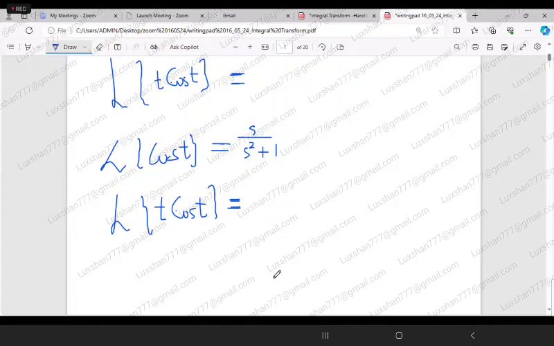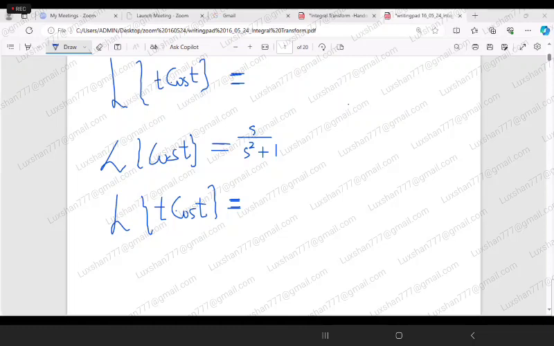How to find it using the multiplication property? Please respond to my question. Using the multiplication property, yeah, minus 1 into dF(s)/ds, isn't it?